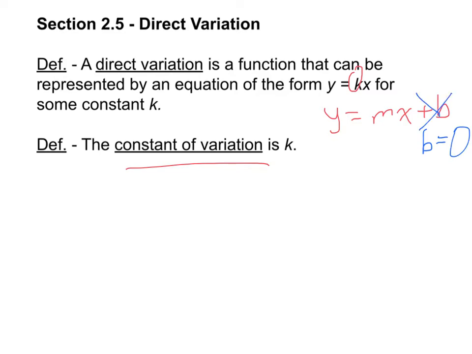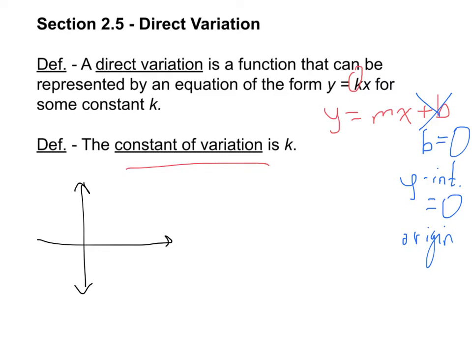Or in other words, if we were looking at it on a graph, the y-intercept will always be 0. And if that's the case, then we know our graph is going through the origin. So in any direct variation, I would jot this down, the direct variation will always form a line, since it's y equals mx, which is the equation of a line, and that line will always travel through the origin.